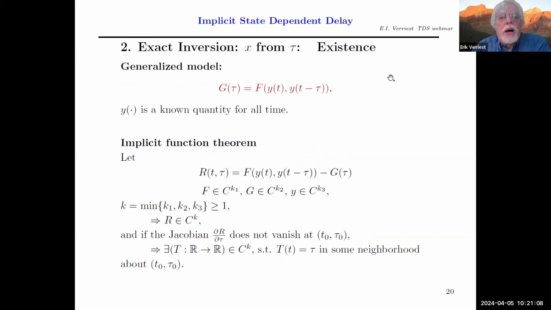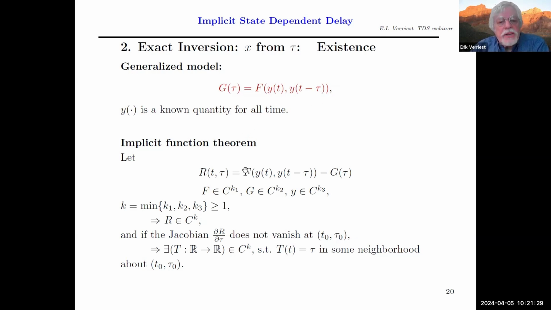Okay, so let's look now at what we can do. In general, I take now a model that g(τ) is some function of y(t) and y(t − τ). So I generalize this implicit delay condition a bit.